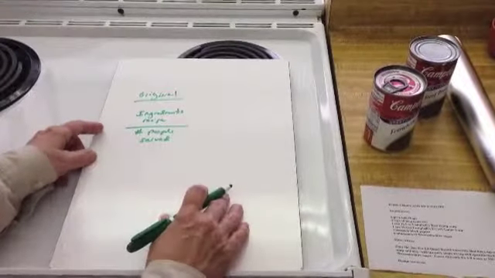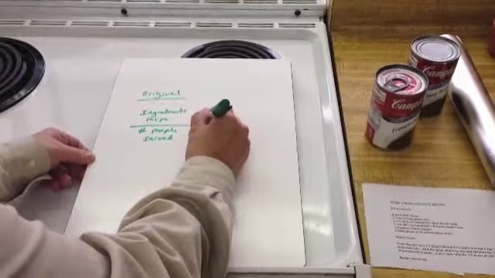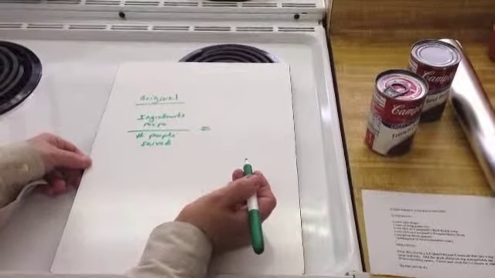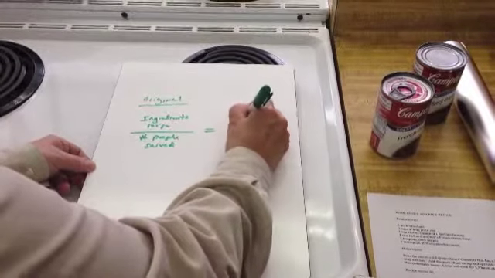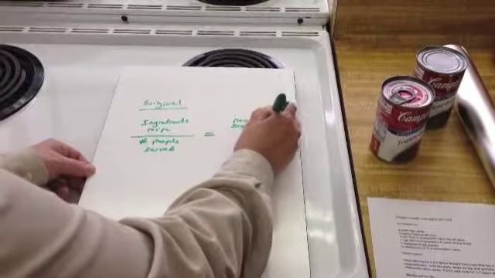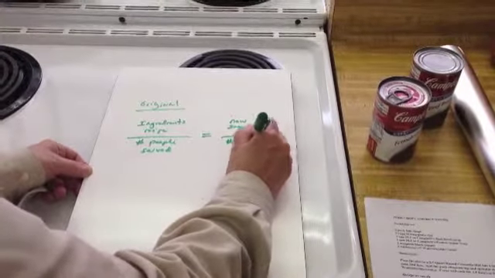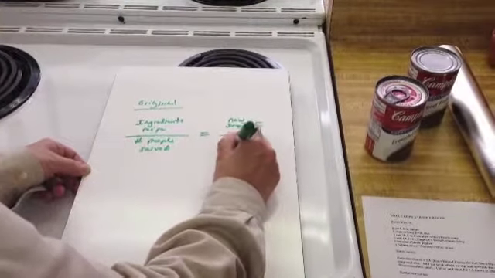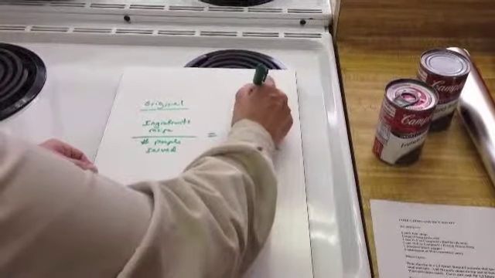Now I need to figure out what it's going to be, so I'm going to say equal to. And I want my new ingredients over the number of people that you really want to serve. Easy enough. So this will be our new.